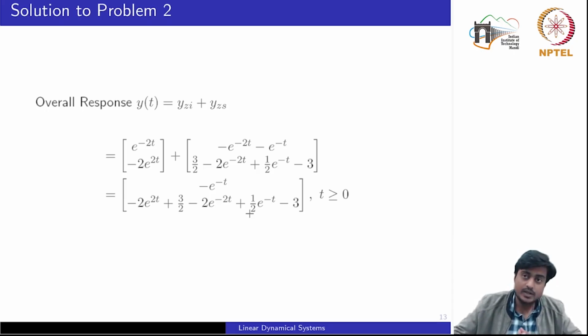Now similarly, if some other initial conditions and some other input is given to you, so here we have taken the step type input only, where the first input was having a magnitude of 1 and the second input was having a magnitude of 2. Now instead of those step inputs, there are a number of inputs by which you can compute the responses.